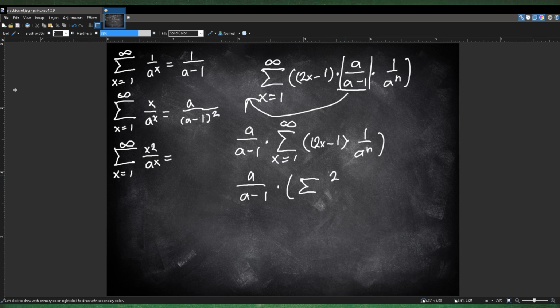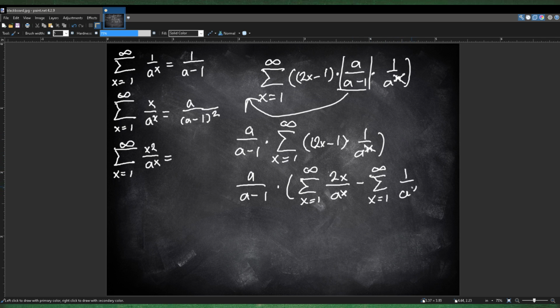We could split it up as 2x divided by a to the power x, where x is equal to 1, because when we put in the n, we substitute it with the x. I'm sorry about that, I forgot to change it. And then x equals 1 to infinity, and then we have 1 over a to the x.